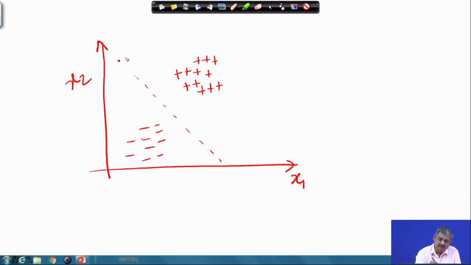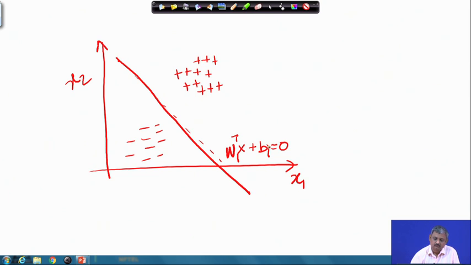Let us compare two lines. One passes through the middle. I call it W1 transpose x plus b1 equals 0, and another just touches.